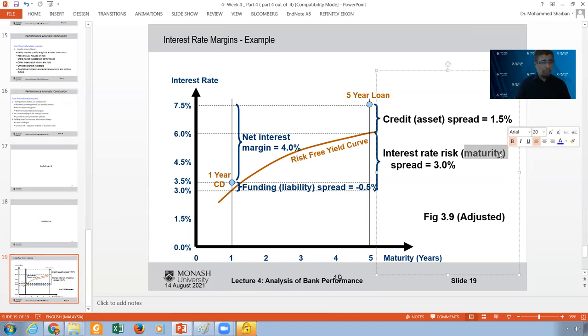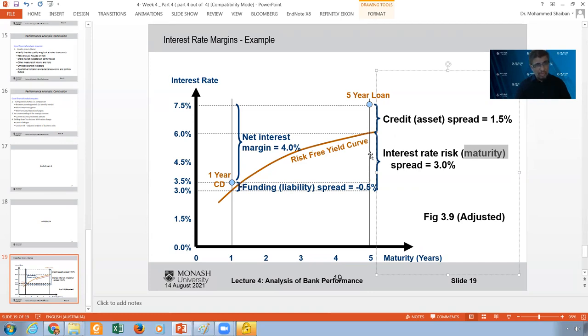When you give a bond for 30 years, it's different from when you invest for 6 months. You don't know what will happen in the next 30 years. And this is why the return increases over time. This is the risk-free. If you invest in a T-bill in the US for 10 years, it is different from when you take a treasury bill for 90 days. So the rates are actually different.